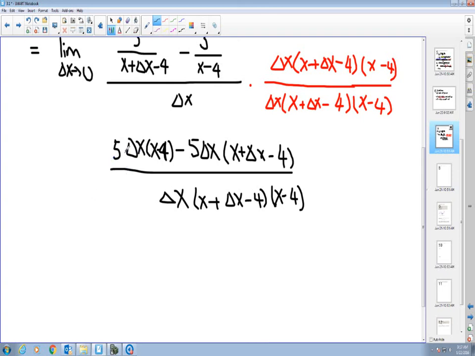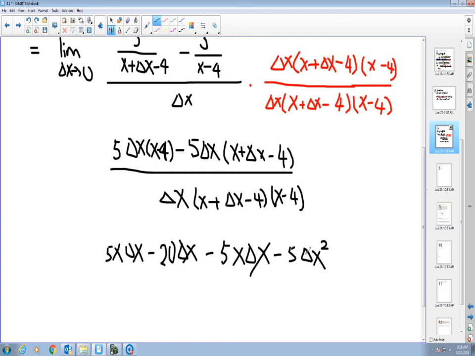So let's multiply it out. 5 delta x times x will be 5x delta x, minus 20 delta of x. All right, negative 5 times x, negative 5x delta of x. Oops, minus 5 times delta of x squared, plus 20 delta of x.